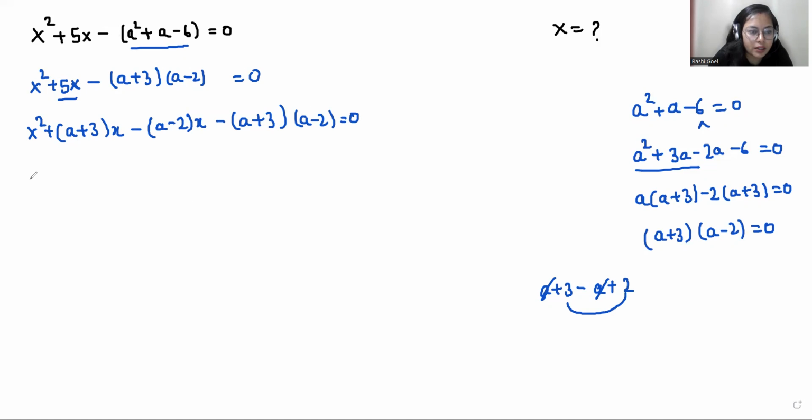Now I can take x as common. So what is left? X plus a plus 3, minus, if I take a minus 2 as common, so x plus, minus times minus is plus, a plus 3 is equals to 0.